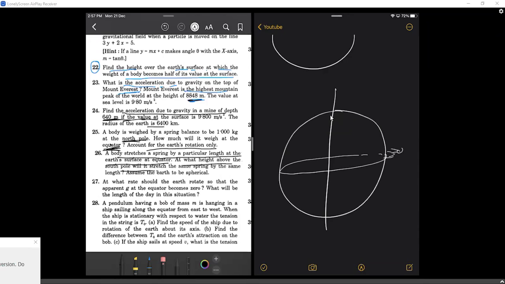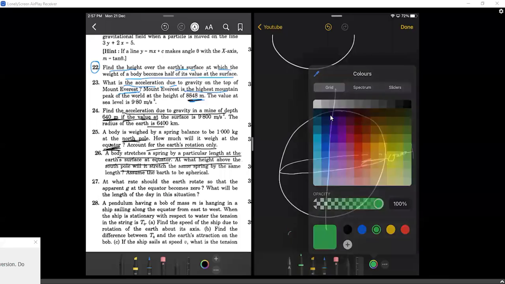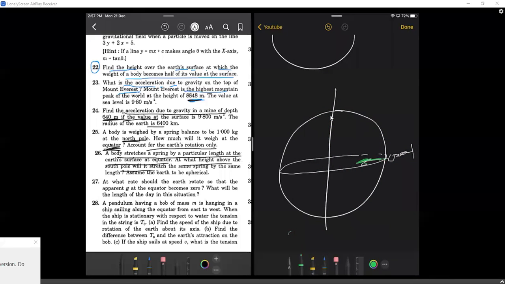So they are basically measuring some weight at this point using a spring balance. The spring balance is stretched because there is weight. But the weight acting here is mg minus mR omega square. So this equals kx here.